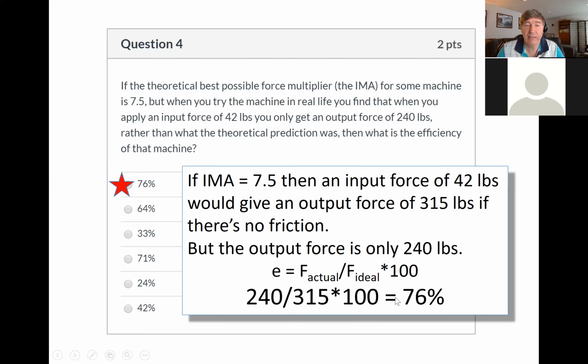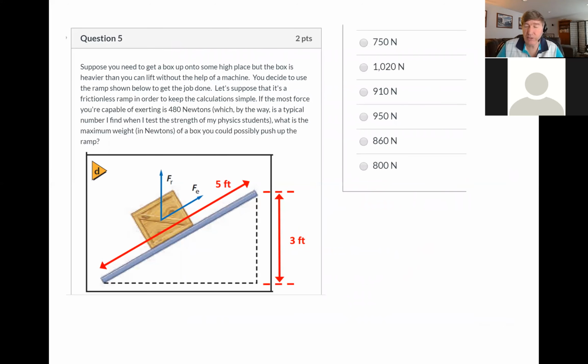That's good. Now the last question here. I've got a box. I'm pushing it up a ramp. It's a frictionless ramp to make things easier. I want to know what is the heaviest box I could possibly push. I like to do this in steps.